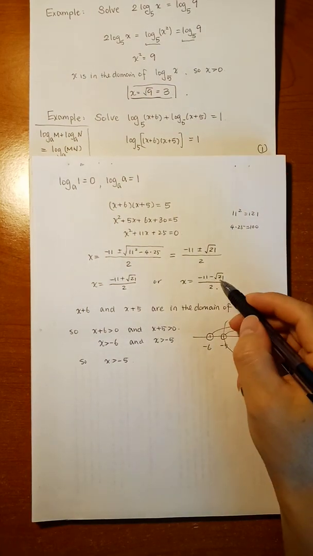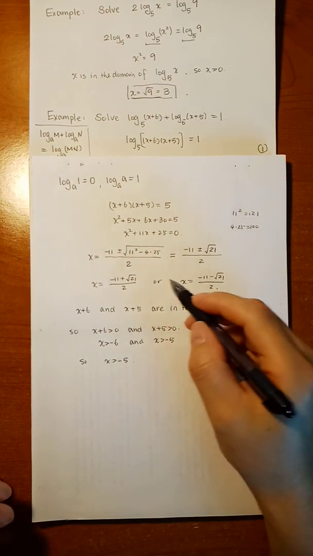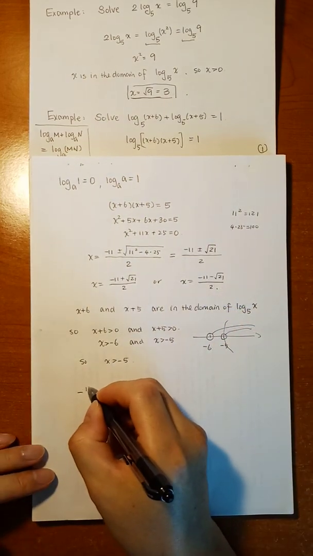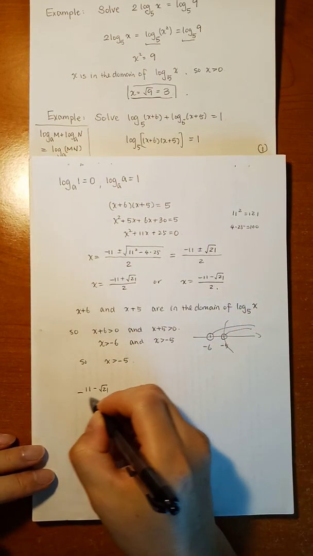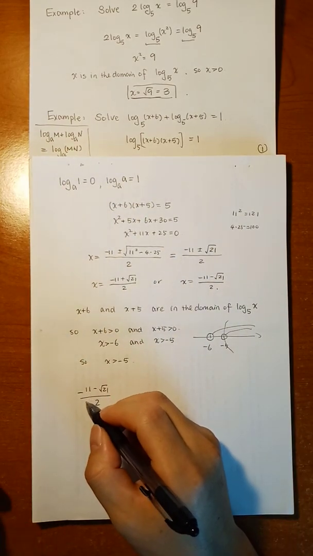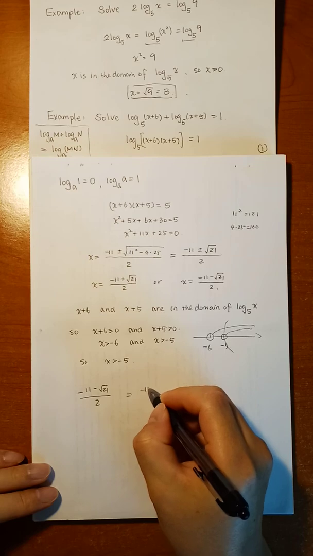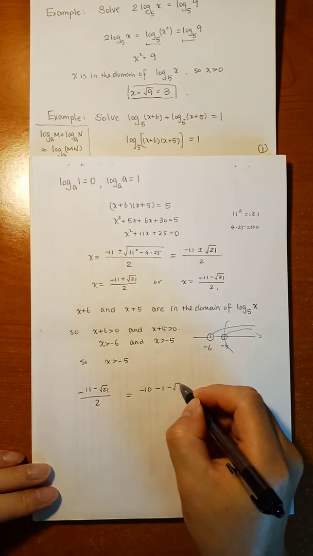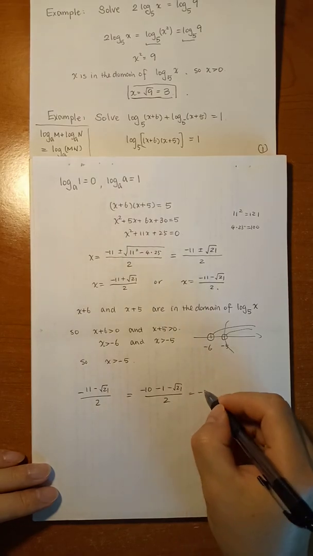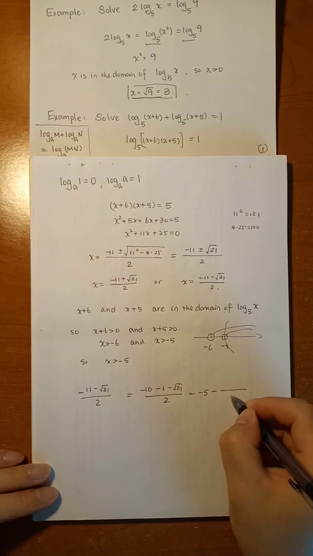Let's check this value, especially this value: negative 11 minus square root of 21 over 2. Let's write negative 10 minus 1 minus square root of 21. Negative 10 over 2 is negative 5, and a minus.